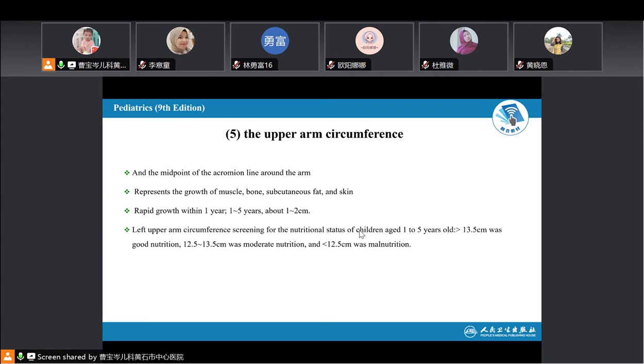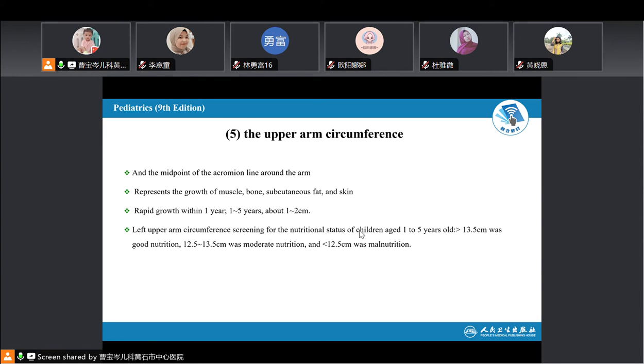There is rapid growth within 1 year, and from 1 to 5 years it is about 1 to 2 centimeters. Left upper arm circumference screens the nutrition status of children aged 1 to 5 years old.